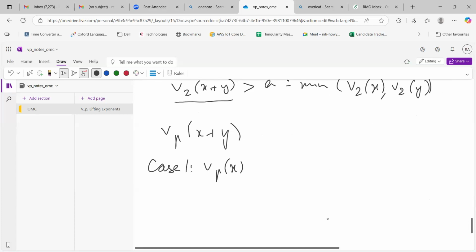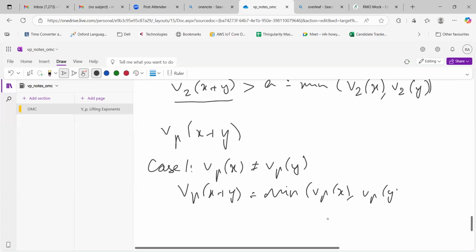If vp of x is not equal to vp of y, what happens? Proceeding by the same logic, it must be the minimum of them. Exactly. vp of x plus y would be equal to min of vp of x comma vp of y.